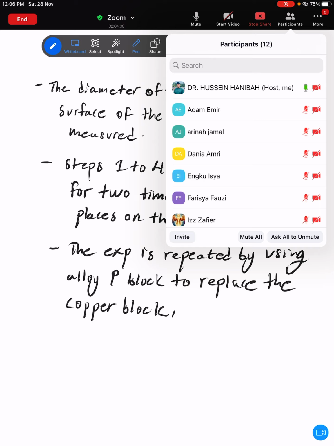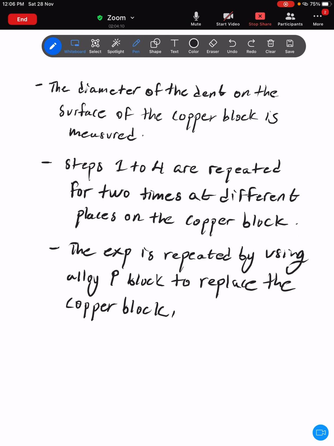Okay, let's look over here. Ya, dah habis ke? Dah habis ke belum? Okay. Table. Table, yeah?